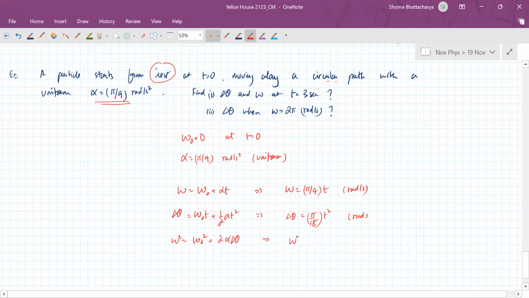Here that relation will become omega square is 2 into pi by 9 into angular displacement. Now for the first part, at t equal to 3 seconds, just substitute in this. Angular velocity at that instant would be pi by 3 radians per second, and angular displacement would be pi by 2 radians.